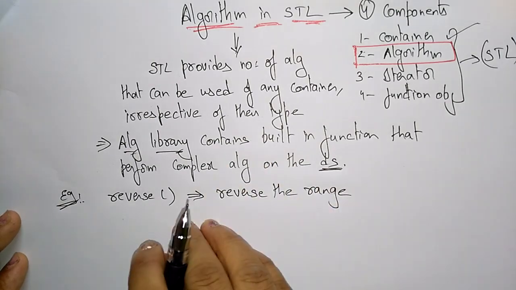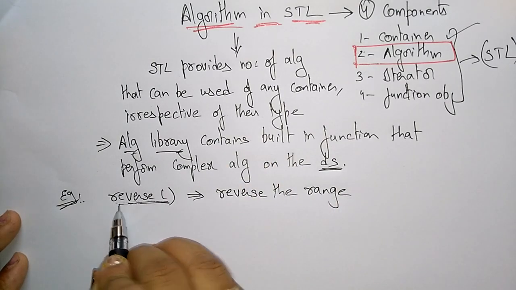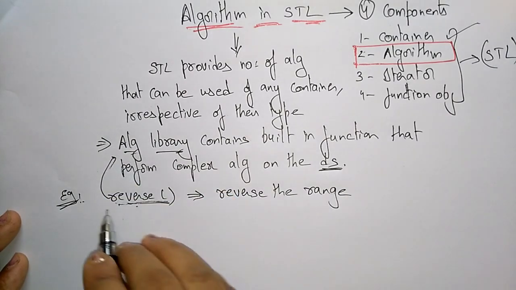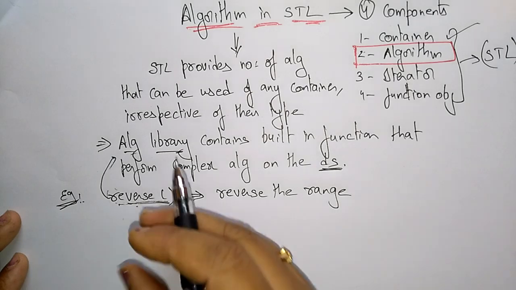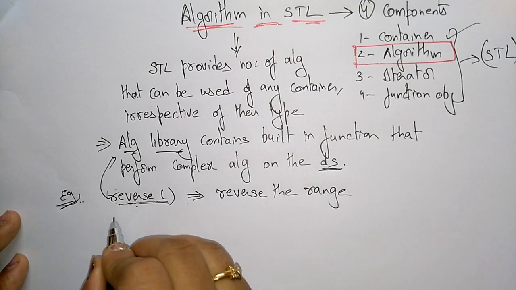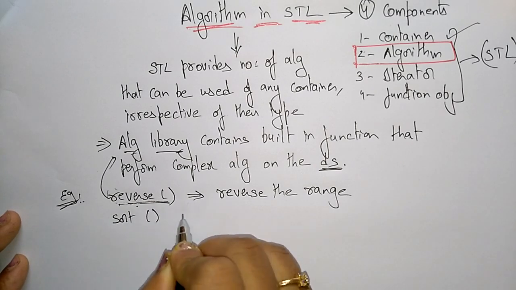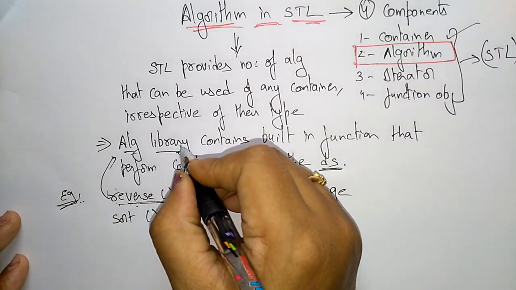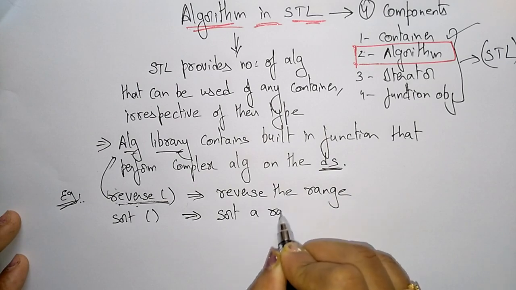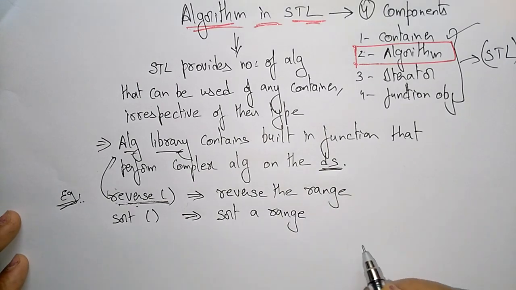We just use the reverse function, and it automatically reverses whatever data we give as input. Sort is another function in the algorithm library, which sorts a range. Whatever input we give, those elements will be sorted in ascending or descending order with the help of the sort function.